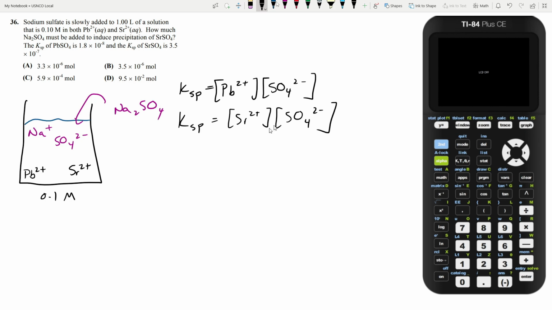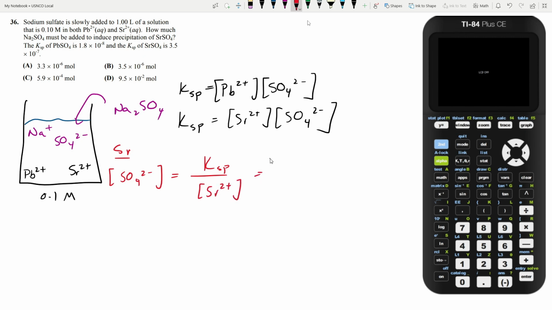We know that they're 0.1, which allows us to solve for the concentration of sulfate required to induce precipitation of both lead and strontium. For strontium, the concentration of SO4 required is going to be the Ksp of the strontium sulfate divided by the concentration of strontium.